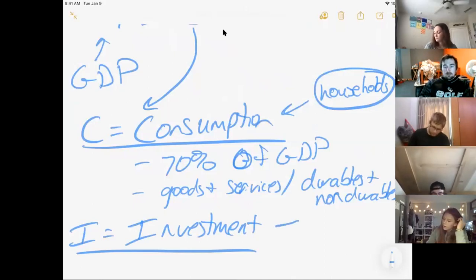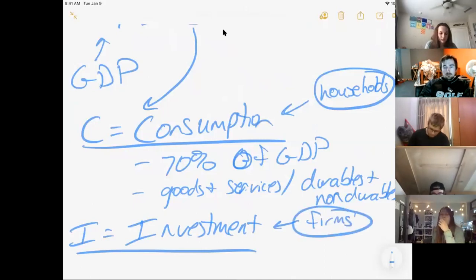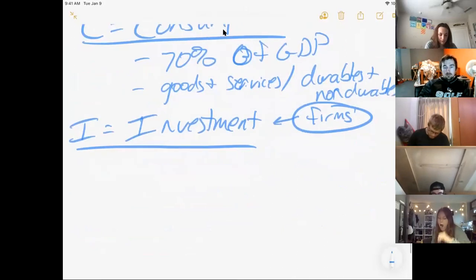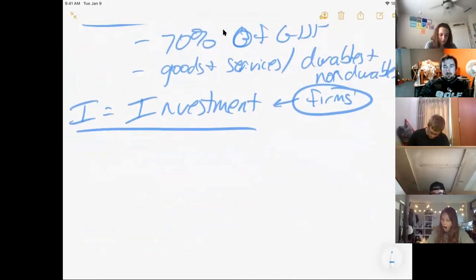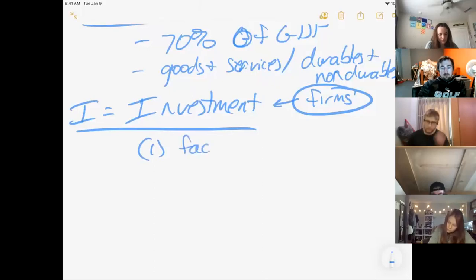Investment is largely the things that firms and corporations purchase. Investment really has four big categories. And as you're going to see, the key to these categories is, for the most part, these are things that firms purchase. This includes things like factories and equipment.